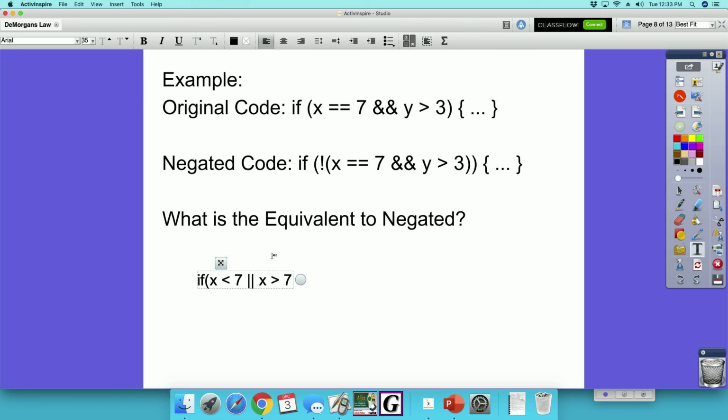That takes care of the x equal to 7. And then we got an or, because we changed the and to an or, and then we get y is less than or equal to 3. And then, of course, after that, you have your executable code after the if.